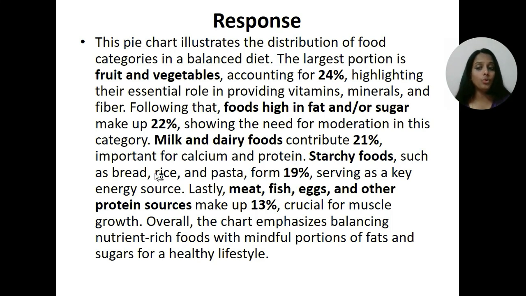Starchy foods such as bread, rice, and pasta form 19%, serving as a key energy source. Lastly, meat, fish, eggs, and other protein sources make up 13%, crucial for muscle growth. Overall, the chart emphasizes balancing nutrient-rich foods with mindful portions of fats and sugars for a healthy lifestyle.